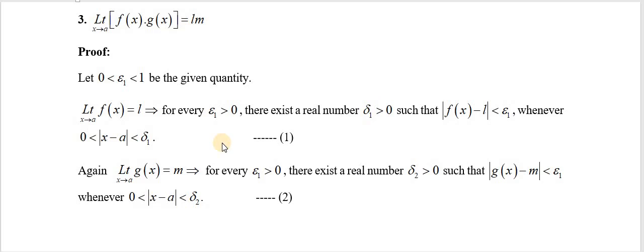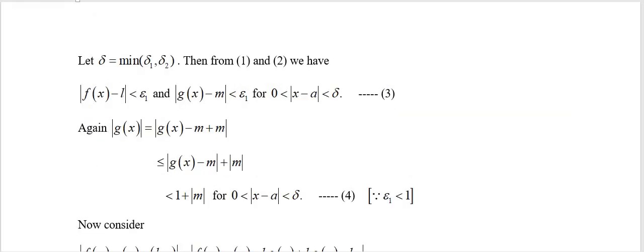Take this as 1, this as 2. Let delta equal to minimum of delta 1, delta 2. Then from 1 and 2 we have this is 1, this is 2, but instead of writing delta 1 and delta 2 we are writing delta only.